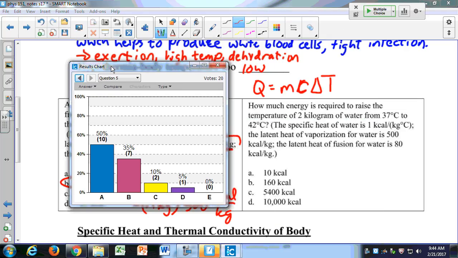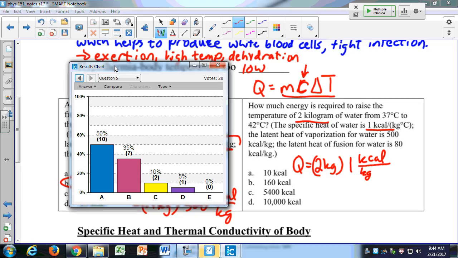Okay, let's see here. So my Q, that's what I'm looking for, is mc delta T. I have 2 kilograms, that's my mass. My specific heat, that's C right here. The specific heat is 1 kilocalorie per kilogram degree Celsius.